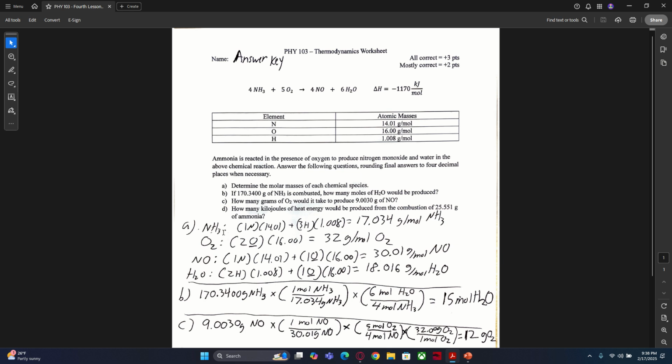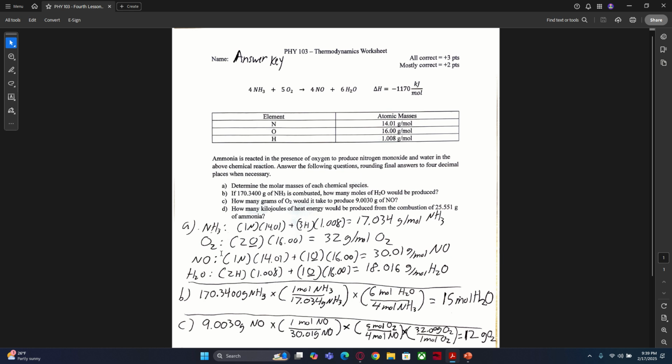So for NH3, for ammonia, we have 1 nitrogen times 14.01 grams per mole plus 3 hydrogen times 1.008 grams per mole. And that gets us to 17.034 grams per mole for ammonia. For molecular oxygen, that's 2 oxygens. So 2 oxygens times 16 grams per mole gets us to 32 grams per mole.